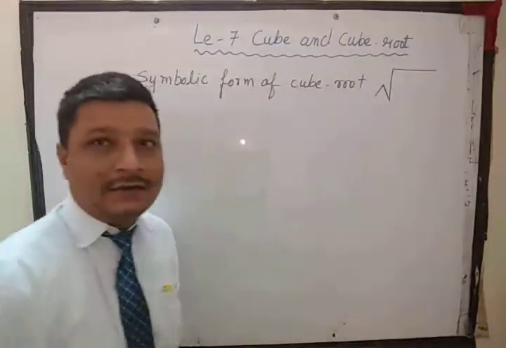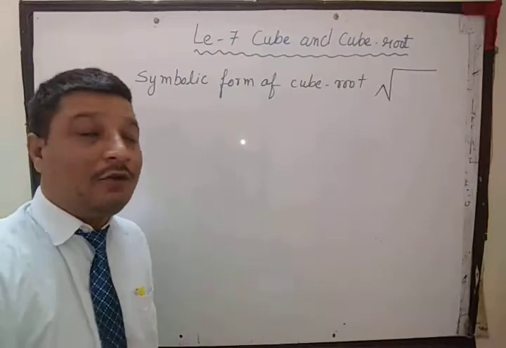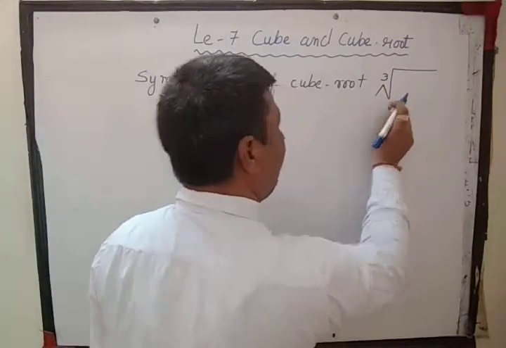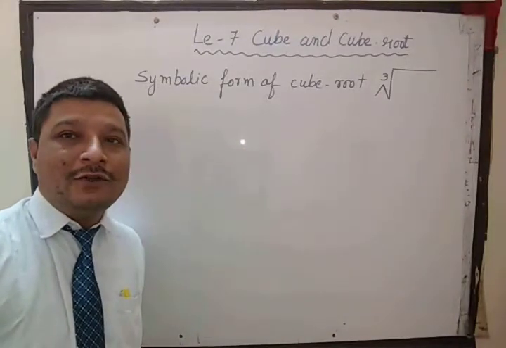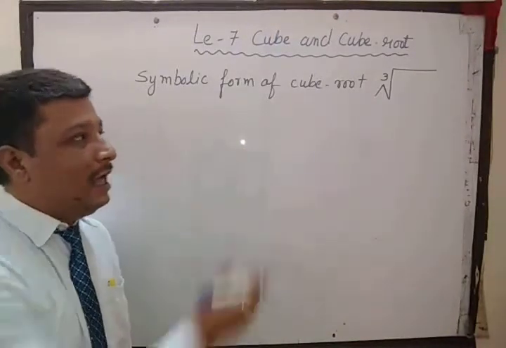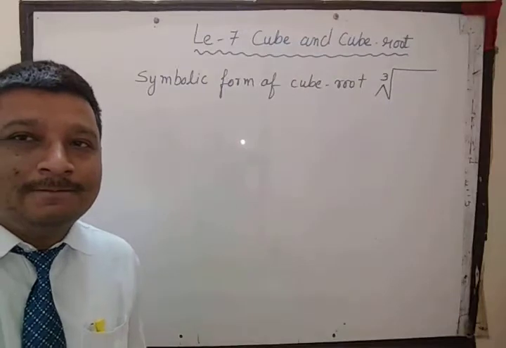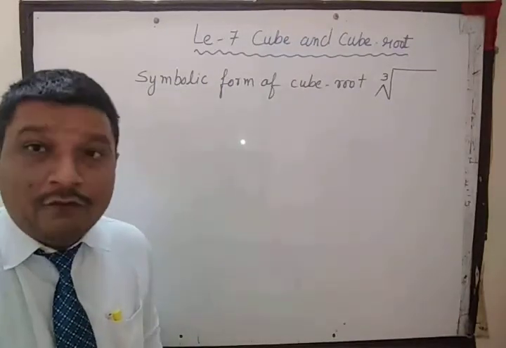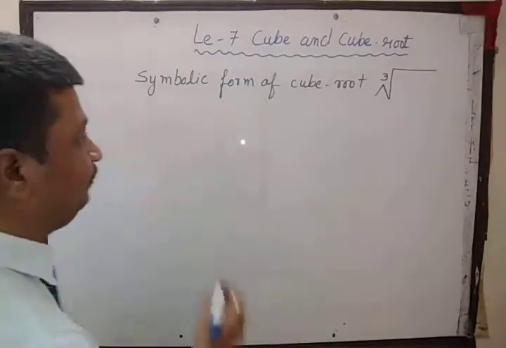If I do like this, it is a square root, but I have to put 3 over here. Then it will be the symbol of cube root. It is denoted as cube root. Clear? We will take another thing: what is a perfect cube?